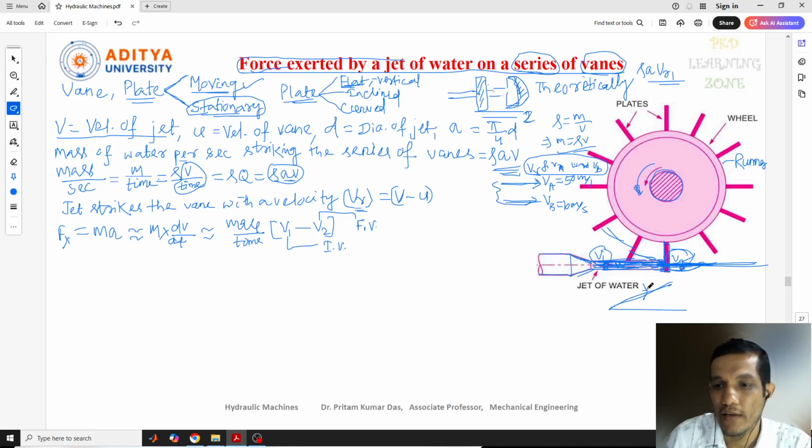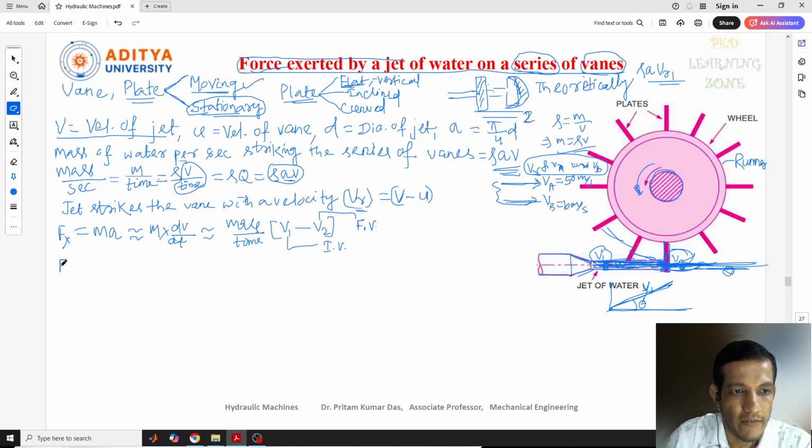If suppose v is there with an incline of theta, then we can write v1 cos theta or sine theta in the horizontal direction or in the vertical direction. But here, if you see, in the tangential direction striking, then the vane is moving. So the velocity component in the direction of motion is nothing but 0. Okay, no velocity will be there in this. So the final velocity is this one.